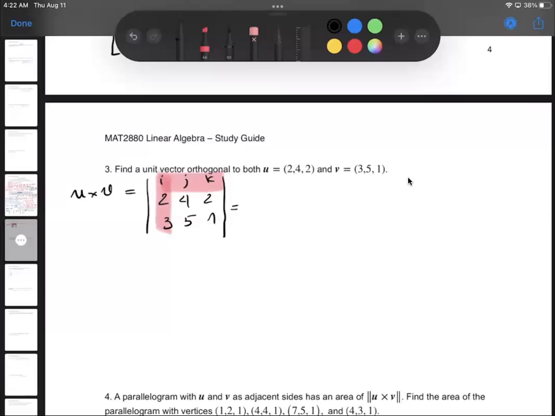I'll color code here: the first one is point A, the second is point B, the third is point C, and the last is point D.